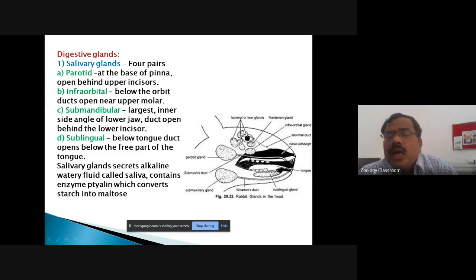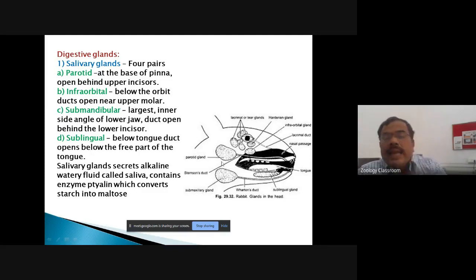Okay, which we call the tear glands. So the lacrimal gland produces a watery secretion, which is poured into the eyes, while the Harderian gland secretes some oily secretion into the eyes, which protects the eye. So these glands are associated with the eyes.